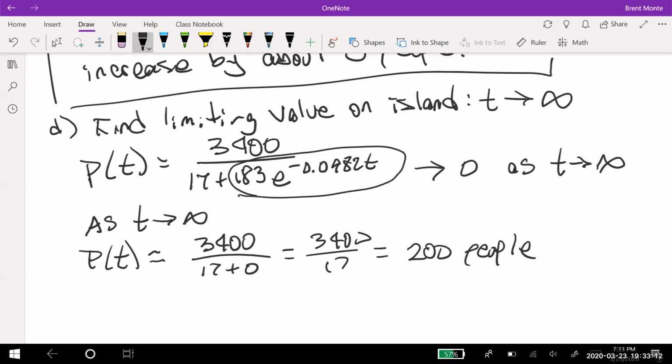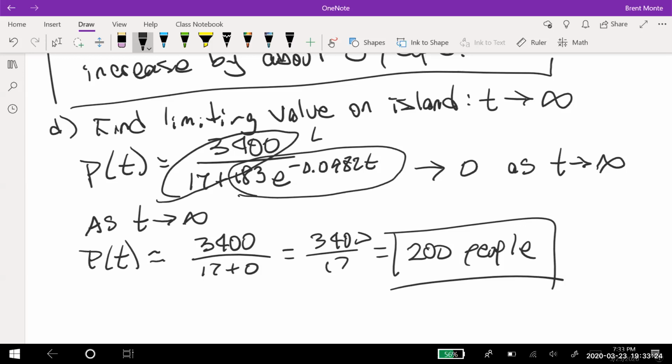Notice that's exactly what I got when I plugged in 1,000 years. Even at 75 years, we were at 199. Didn't grow much after that. That's the limiting value.